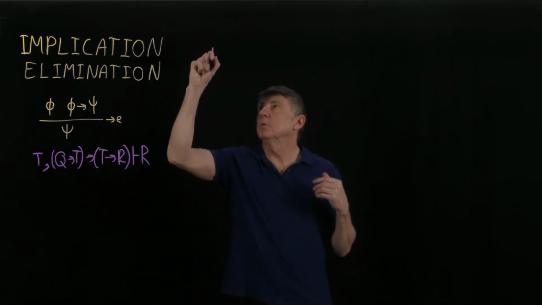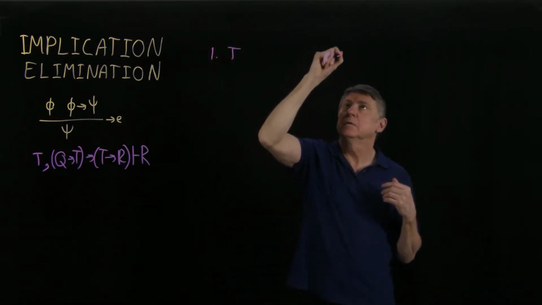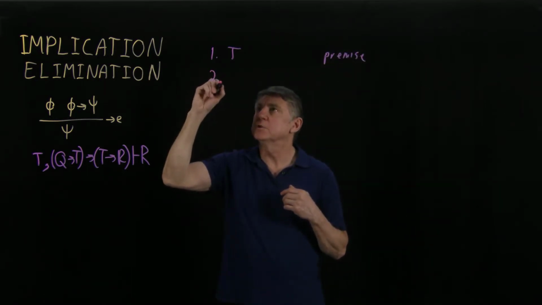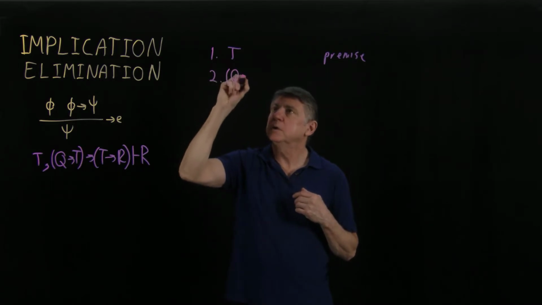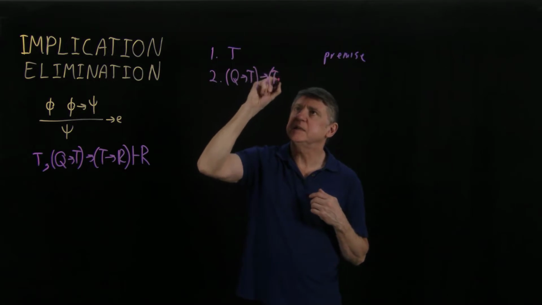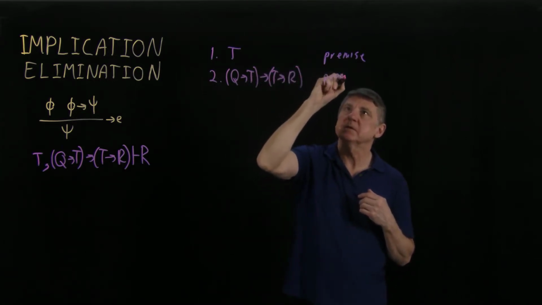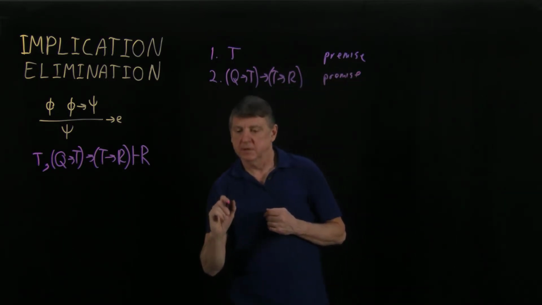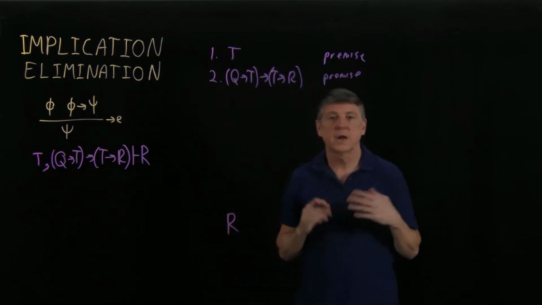So premise number 1 is T, so that's a premise, and premise number 2 is Q implies T implies that T implies R. So that's also a premise. And our goal for this is we want to conclude R.